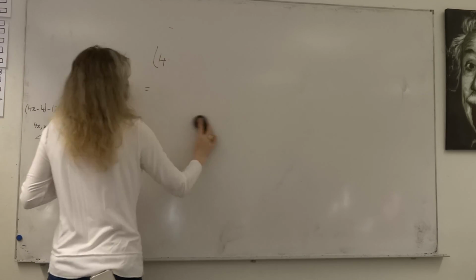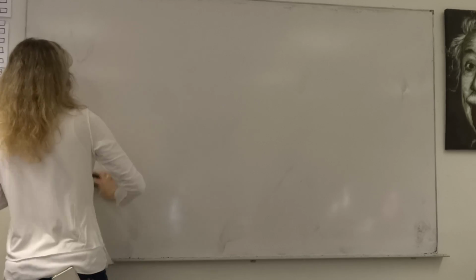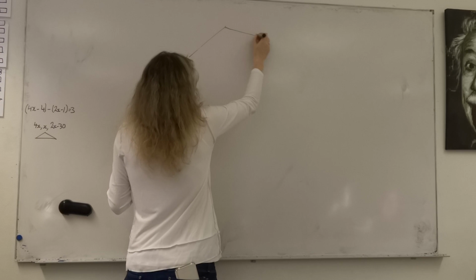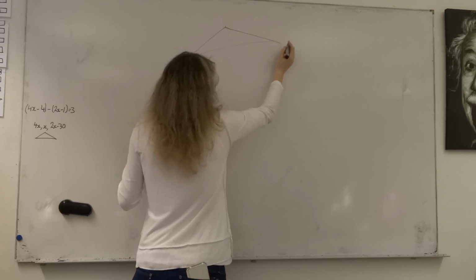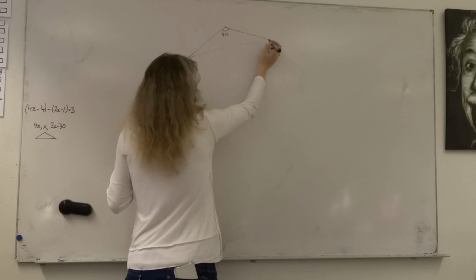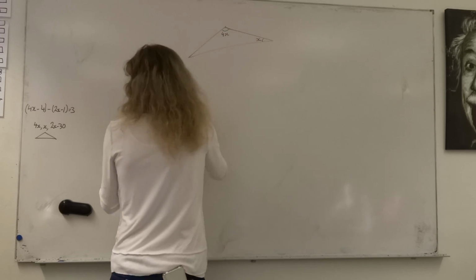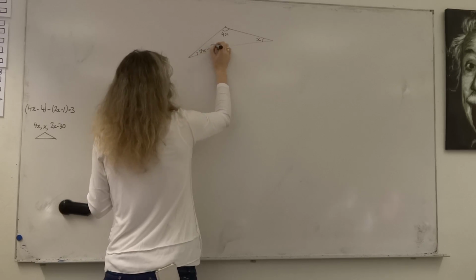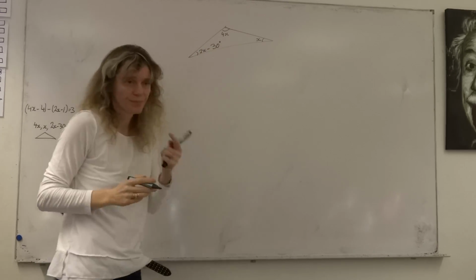And then our last one is the triangular one, where I drew a triangle and told you that this angle was 4x, this angle was x, and this angle here was 2x minus 30 degrees.